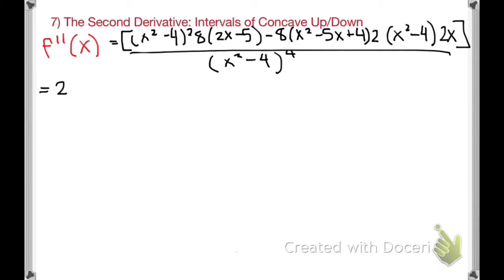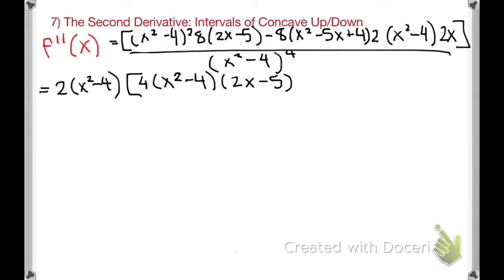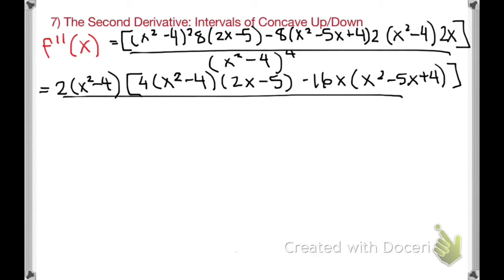So what that's going to look like is 2 times x squared minus 4 times 4 times x squared minus 4 times 2x minus 5 minus 16x times x squared minus 5x plus 4, all over our denominator.